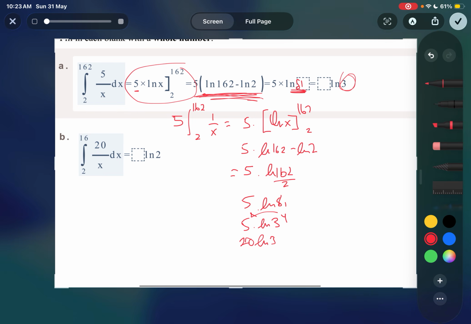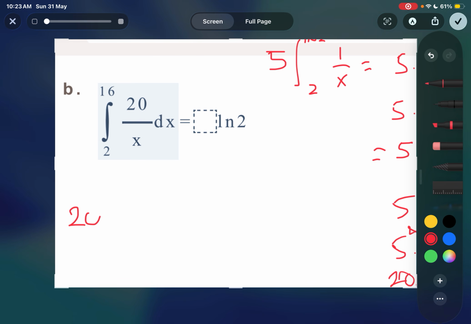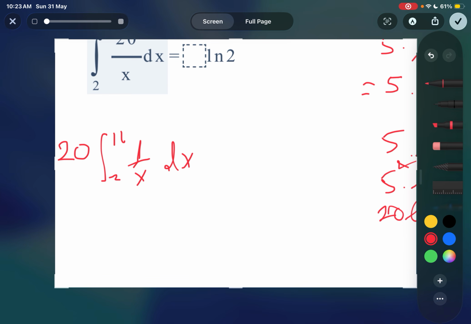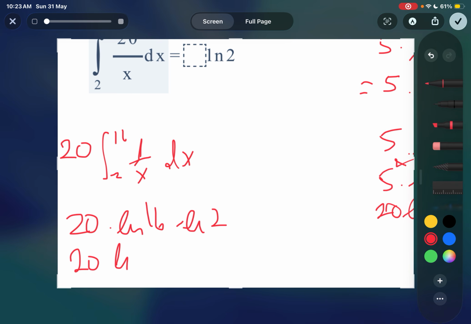And then for part B, it's the same thing. Take 20 as the number. The integral of 1 over x dx will become 20 times ln of 16 minus ln of 2. You know that. So it will be now 20 times ln of 8. Here the base is 2. You know, 8 is 2 to the power of 3. 2 times 2 is 4 times 2 is 8.